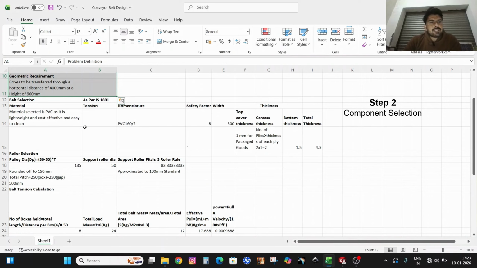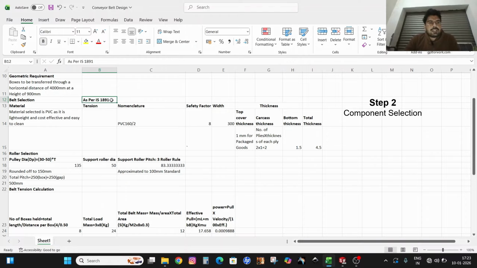Coming to the next step, which is component selection. In that selection, I have first selected the belt. The standard selected is as per IS 1891. It is the common standard that is being used in the industry.